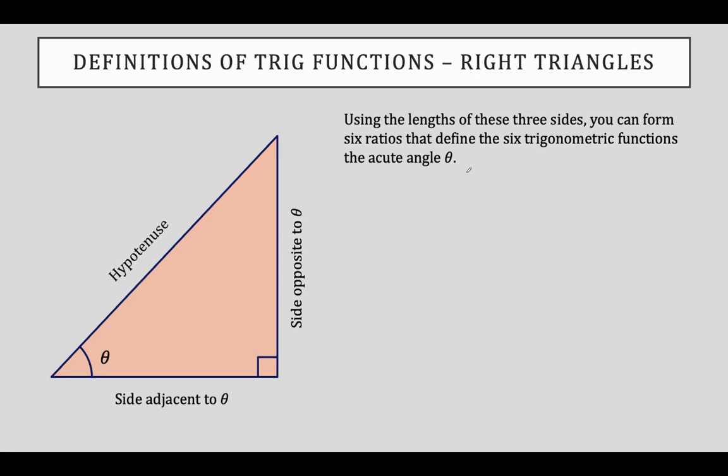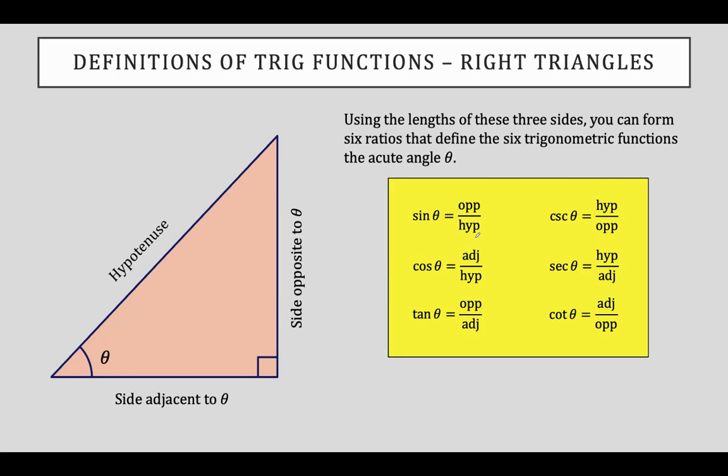Our six different trig functions are sine of theta, cosine of theta, tangent of theta, cosecant of theta, secant of theta, and cotangent of theta. And to evaluate the sine, cosine, tangent, secant, cosecant, cotangent of an angle theta, we take the following ratios of the sides of the right triangle.